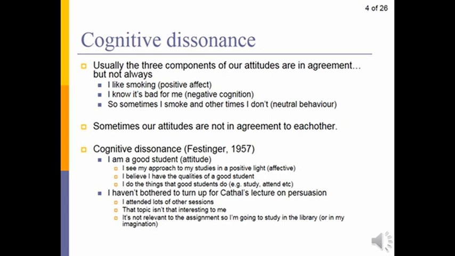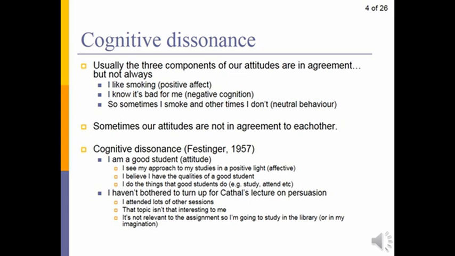Now, typically, this phenomenon, which was termed dissonance by Festinger, he studied it back in the late 50s, early 60s, it's something we don't normally notice is happening, and that's how it can exist. Having either two attitudes which are in direct contradiction to each other, or having an attitude that is in contradiction to our behaviour, is something that can only persist as long as we're not aware of it.